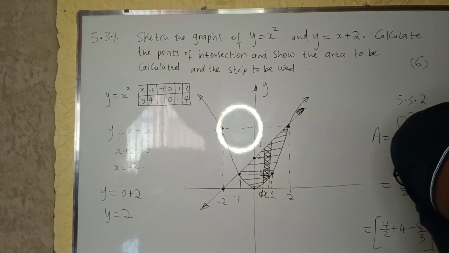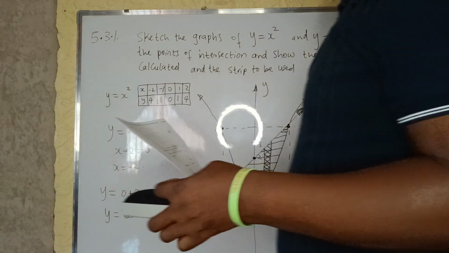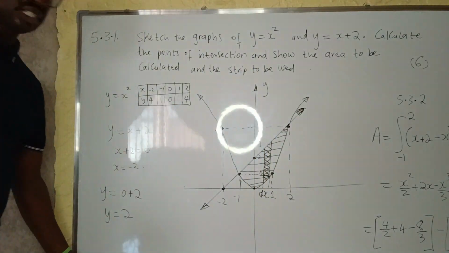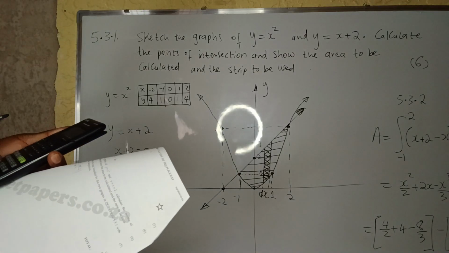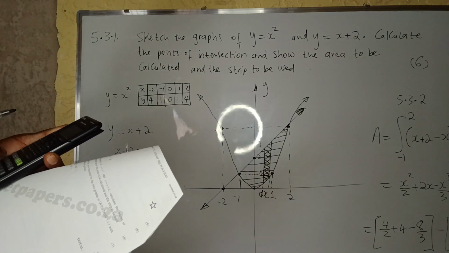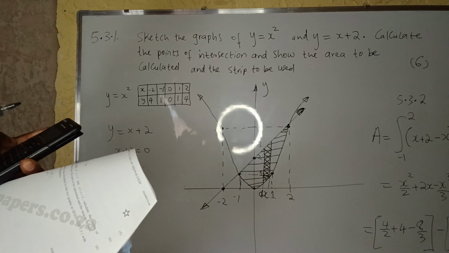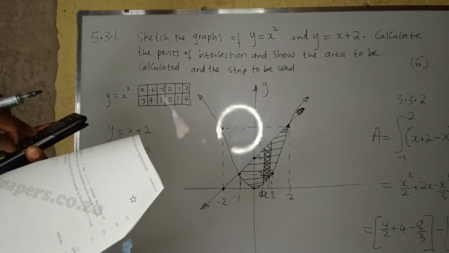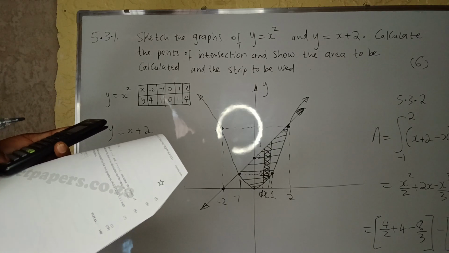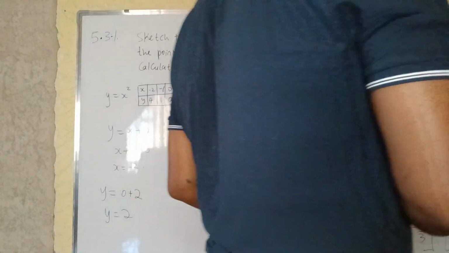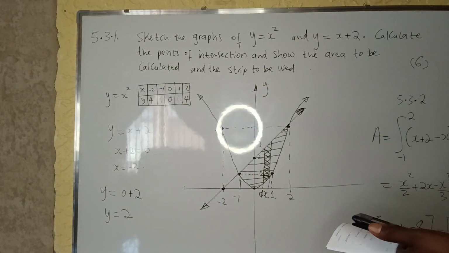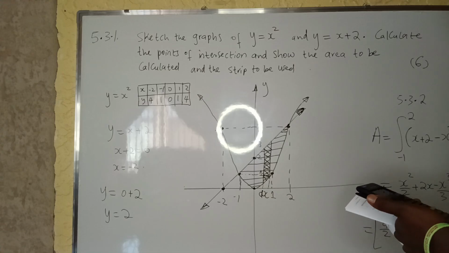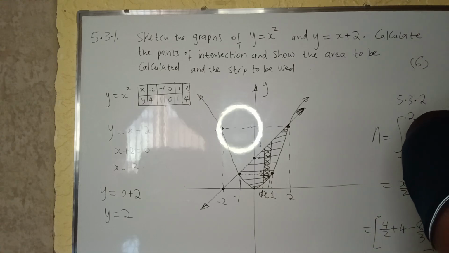I continue to go that side, but now, because I'm at the end, I have a calculator. I don't know about you. Hopefully you also have 2 plus 4 minus 8 divided by 3. What I get is 10 over 3.